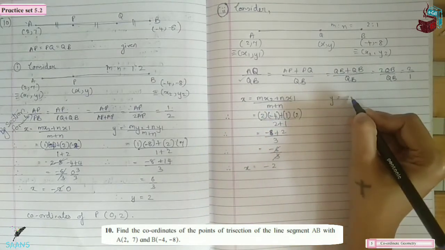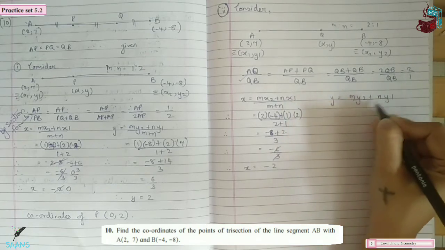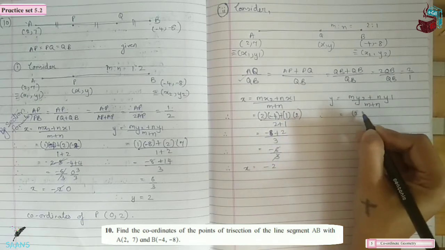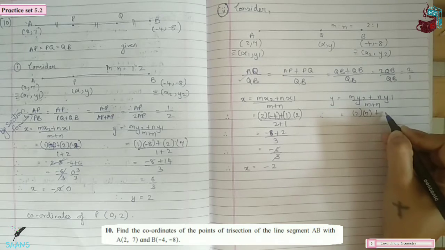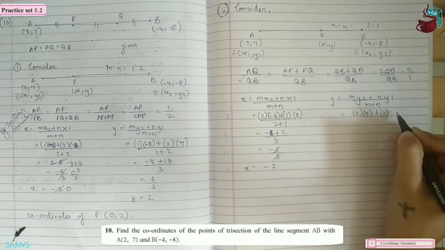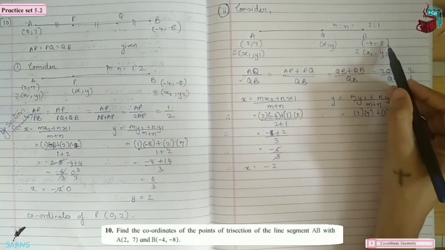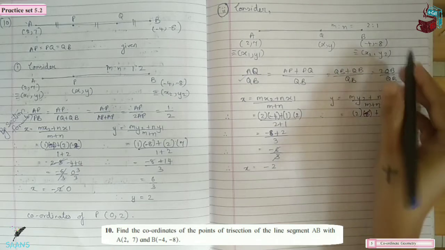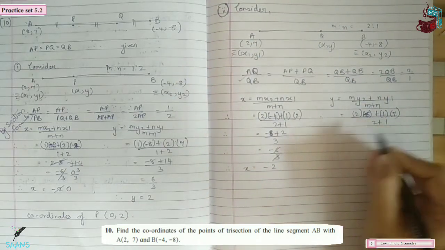Y will be equal to my2 plus ny1 upon m plus n. Therefore, that is equal to m is 2, y1 is 7, plus n is 1. Sorry, let's see, m minus 8 plus n, y1 is 7, upon 2 plus 1.